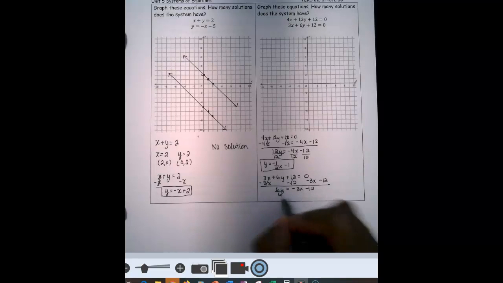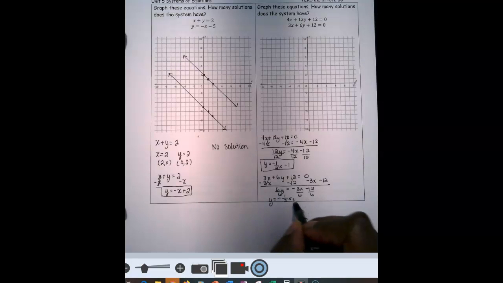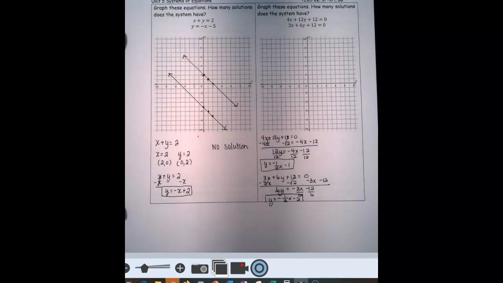I'm going to divide every term by 6. And that leaves me with y is equal to negative 1/2 x minus 2. So now I've got two lines that I can go ahead and graph.